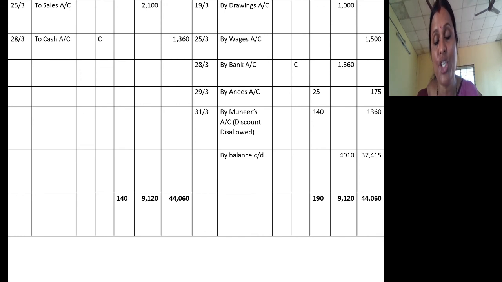Then there is a balance on the credit side of both columns, cash as well as bank column, to the extent of 4010 and 37,450, which is shown as by balance carried down on the same day, that is on 31/3. So the total of both sides will now become 9,120 and 44,060. This closing balance, though it appears on the credit side, is a debit balance.